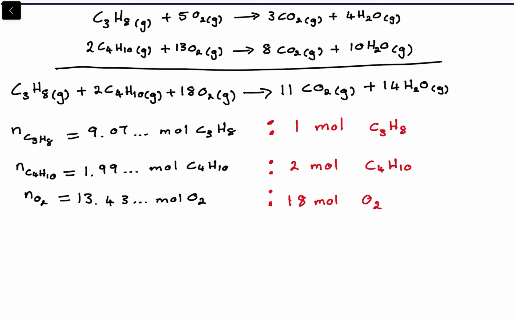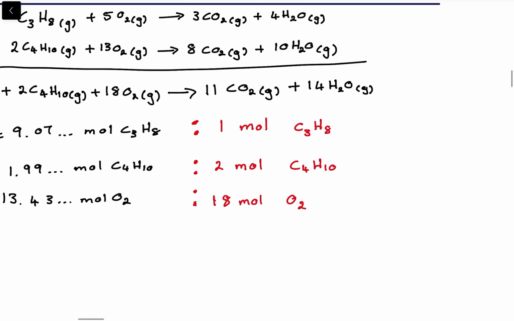So we can see, okay, we need 1 mole, but there's 9. 2 mole, there's roughly 2. I mean, 1.99 is about 2. And we need 18. So 1, 2, 18, and the oxygen is 13. So clearly, this one is in excess. This one will also be in excess. Therefore, O2 is our limiting reagent.